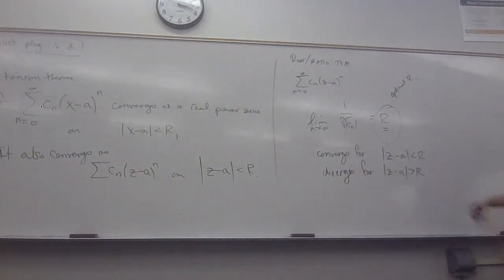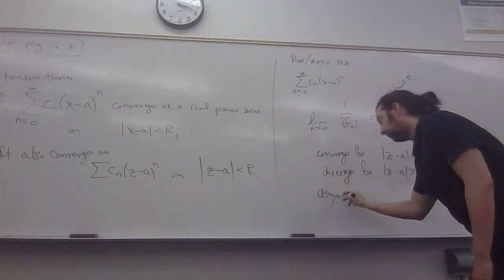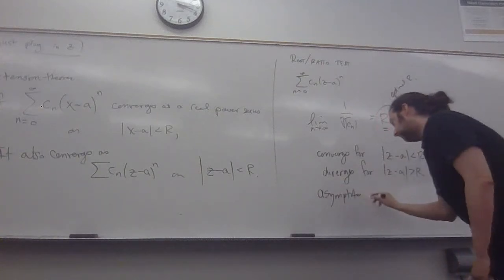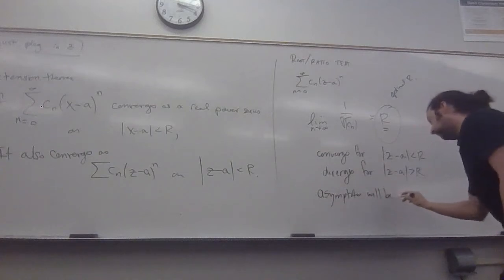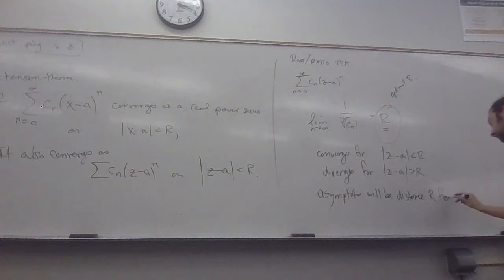Essentially what's going to happen is you're going to get a boundary where oftentimes asymptotes will be distance r from the center a. So what the root test or the ratio test does, this is the same limit, by the way, as if I do this.